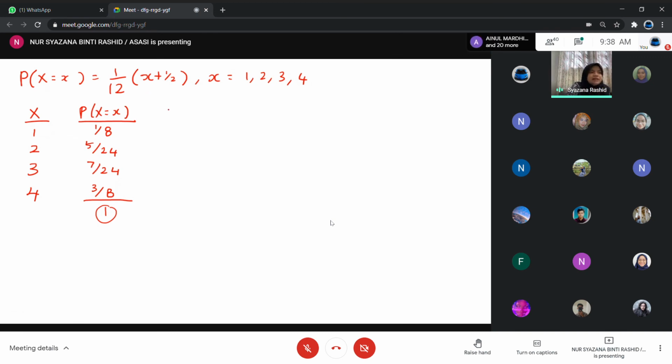Okay, sekarang kita nak start cari mean. So nak cari mean, I need to add this column. Where I multiply column 1 with column 2. So dekat sini dapat 1 over 8. Okay, 10 over 24. 21 over 24. 12 over 8. Okay. So tambah, dapatlah mean.